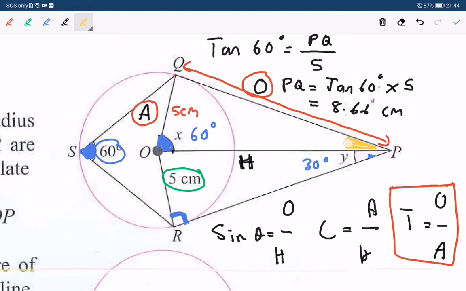If we use this one, the answer is still the same. If we use tangent 30, still the same. But what is the difference is the place. Where is the adjacent? Where is the opposite?